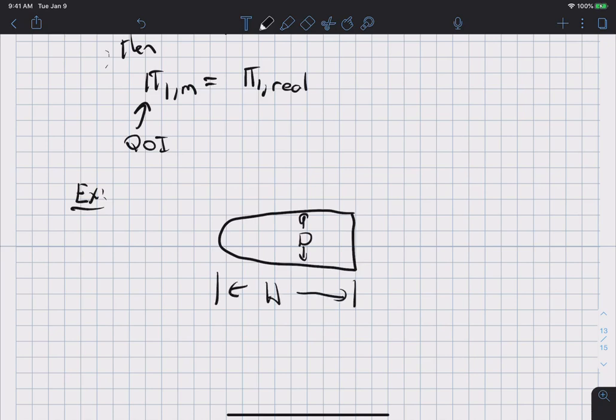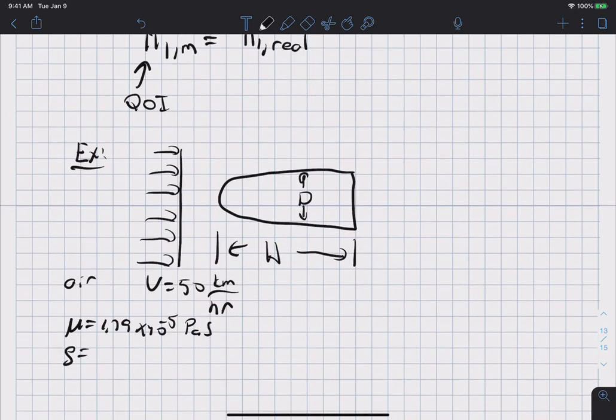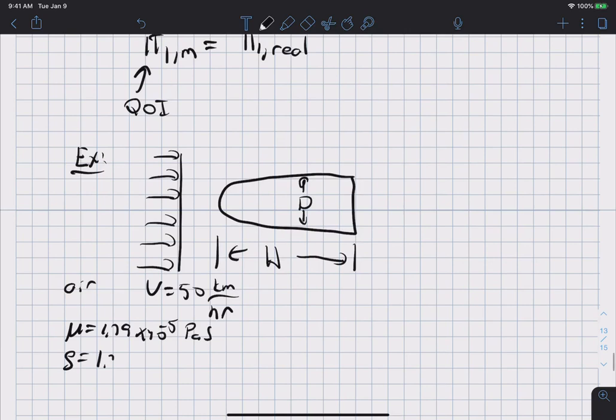Okay, and there's air flowing into it at some free stream velocity v, and that's equal to 50 kilometers per hour, and it's air, and the viscosity is equal to 1.79 times 10 to the minus fifth Pascal seconds, and rho is equal to 1.23 kilograms per cubic meter.